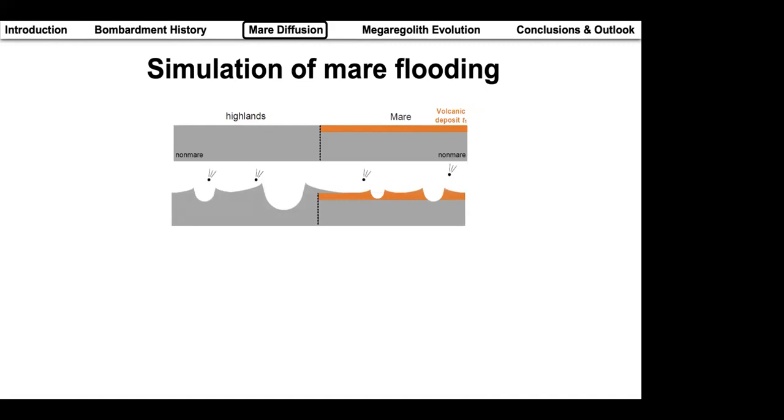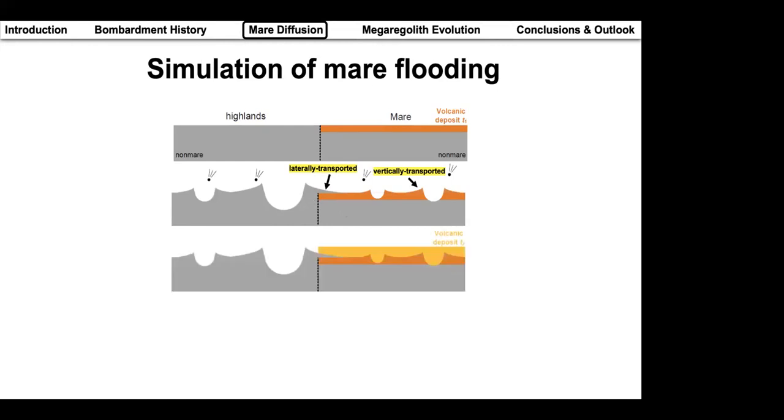An impact event will vertically excavate some non-Mare materials and deposit them on the surface. You can also see that some of these non-Mare materials, these gray materials, are transported from the surrounding highland regions. We call these laterally transported non-Mare materials. Then a subsequent volcanic event happens.